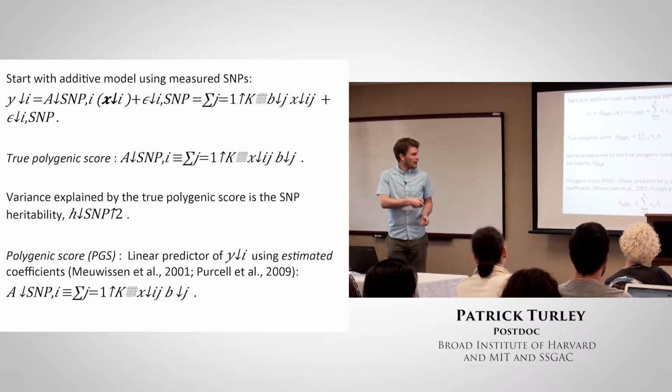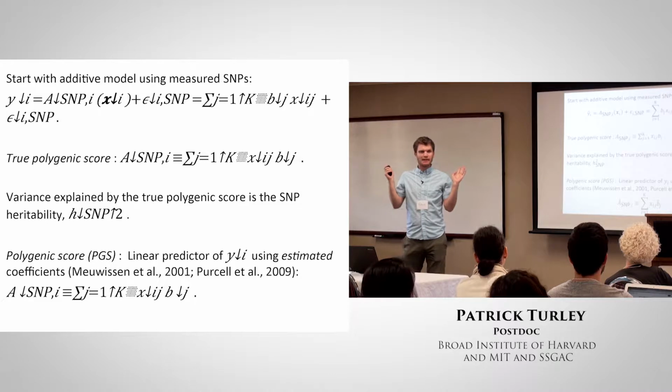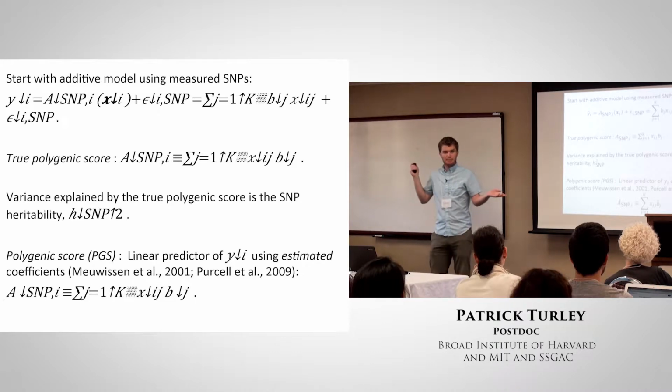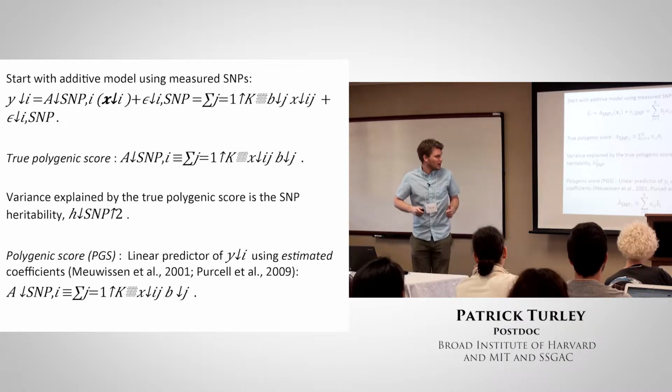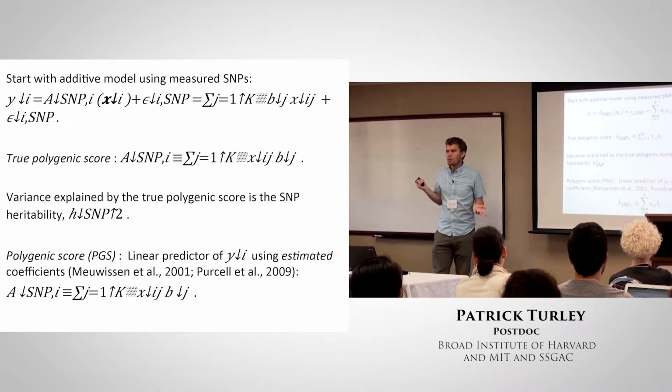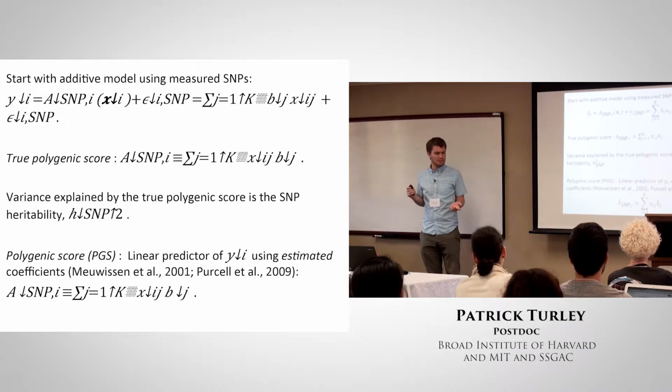And then the variance explained by this term, we've defined the SNP heritability as the variance explained by the additive factor, and so the variance explained by the true polygenic score is going to be the SNP heritability. So we're good. When I say polygenic score, the problem is we don't know what the betas are, and we have to estimate them.